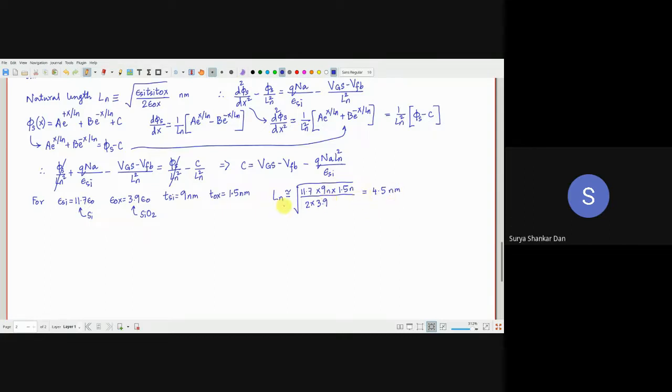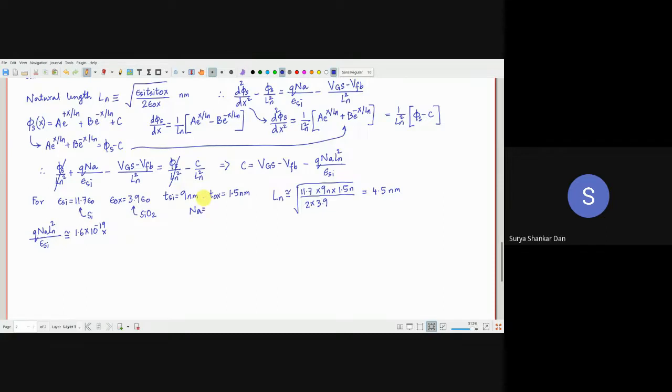Once you have the value of ln, now let us calculate this factor, q Na ln square by epsilon si. Again, I'll put a tilde, is equal to, what is the value of q? 1.6 into 10 power minus 19, into Na. I will choose the very standard value, 1 ppm.